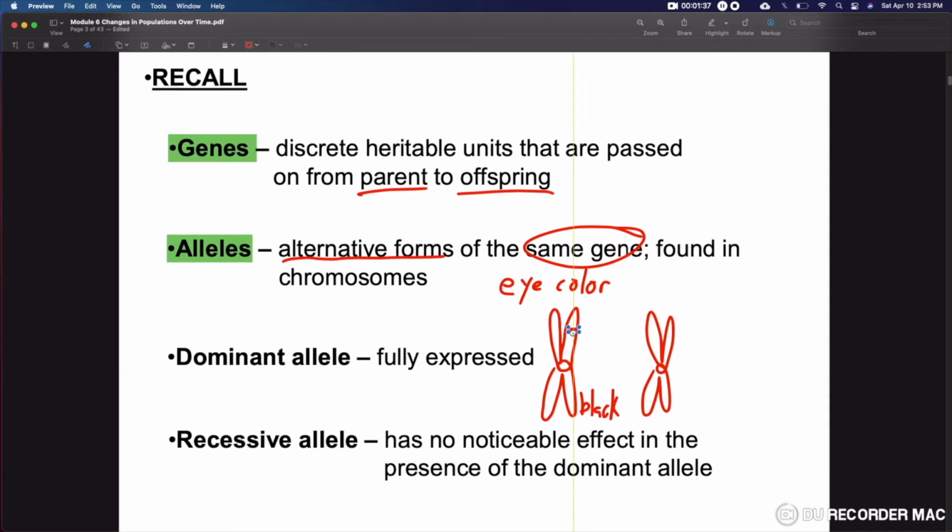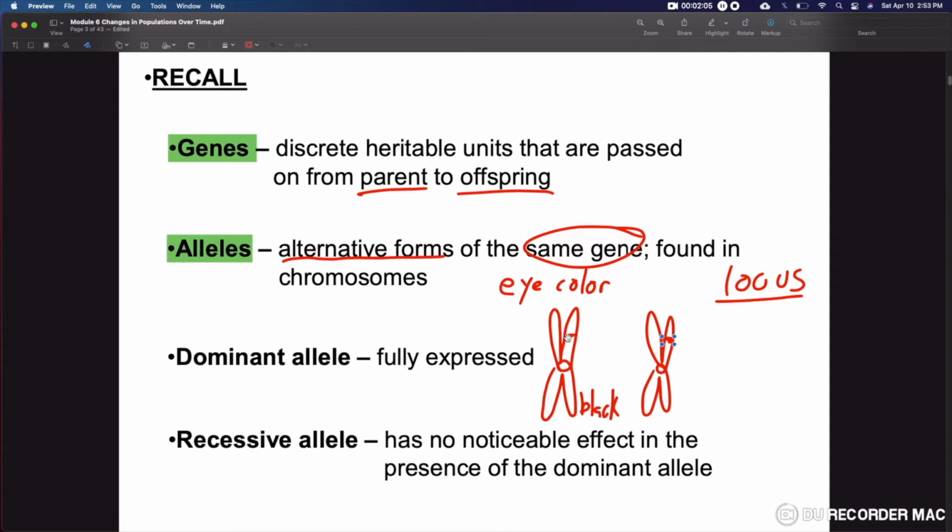Now, on that same genetic locus, meaning on the same position, right here, it must match the same position. So imagine it's on the same position but on a different chromosome. On that same position, you can have an alternative form of that gene.